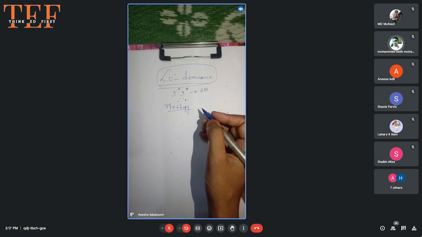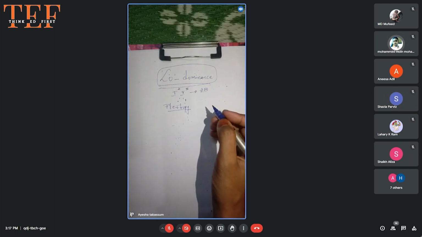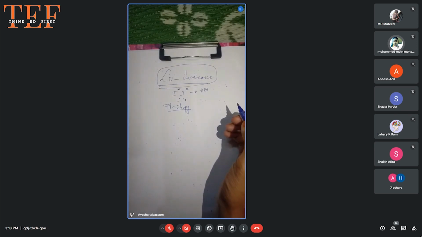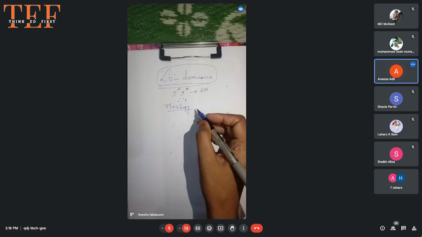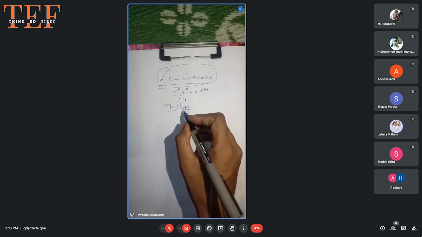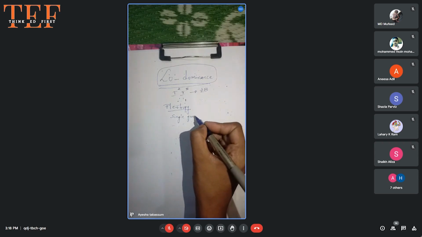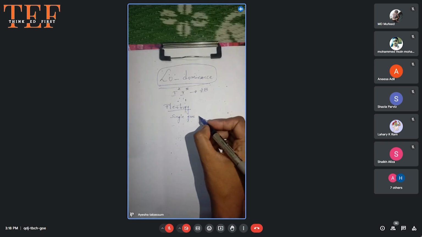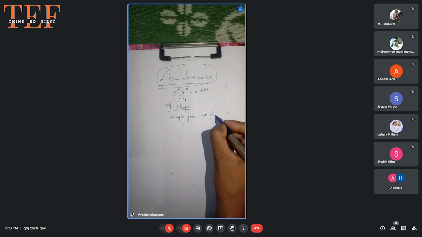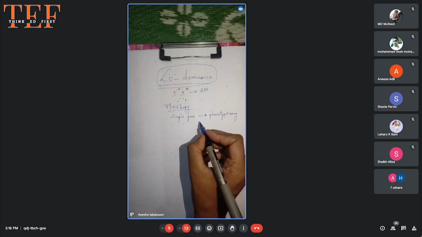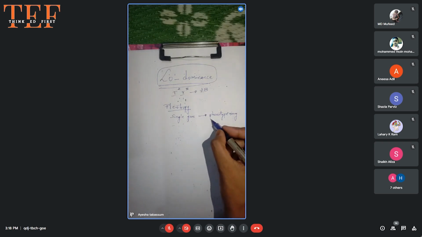Opposite to multiple allelism is pleiotropy. Here the gene is one. It is just a single gene, and that is producing many phenotypes. One gene, one allele, is responsible for the production of many characters.